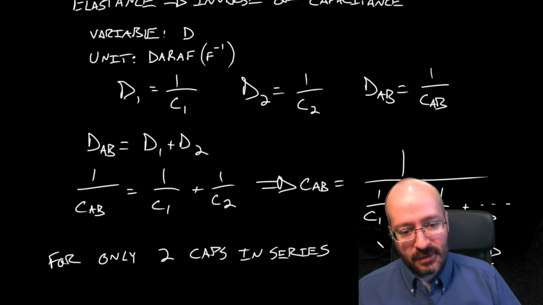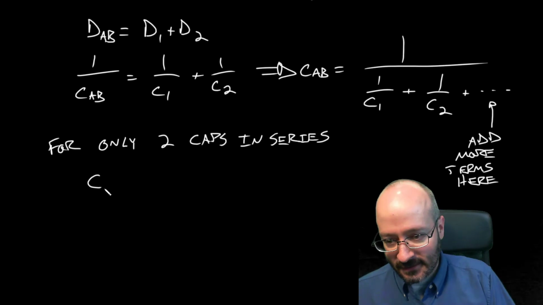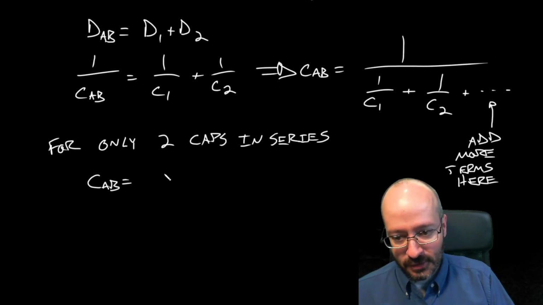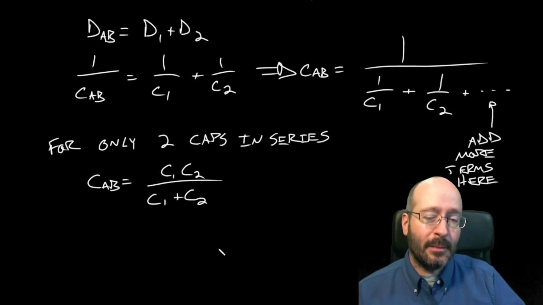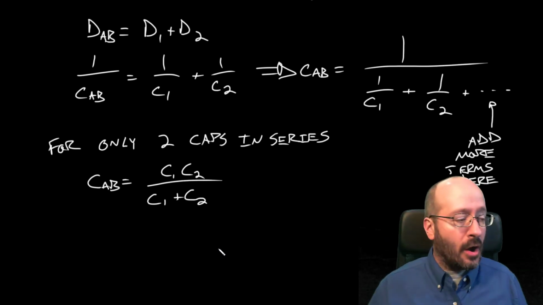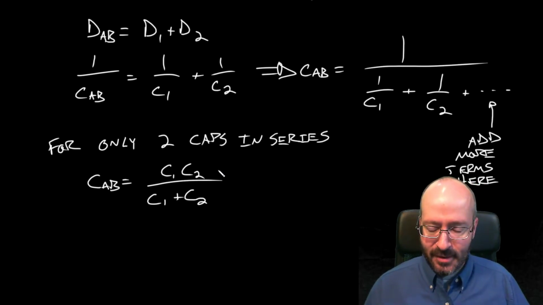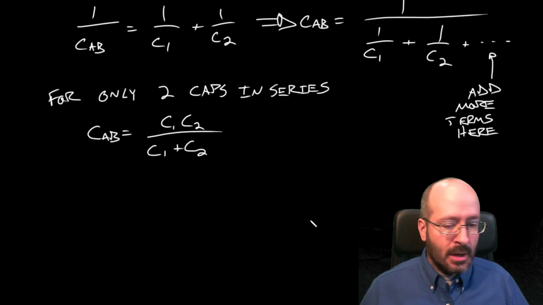Rearranging that, we find that CAB is equal to C1 times C2 over C1 plus C2. That's another form, but it has the same limitation. It only works for 2. So don't get caught trying to add factors and terms on the bottom. It's not going to work.